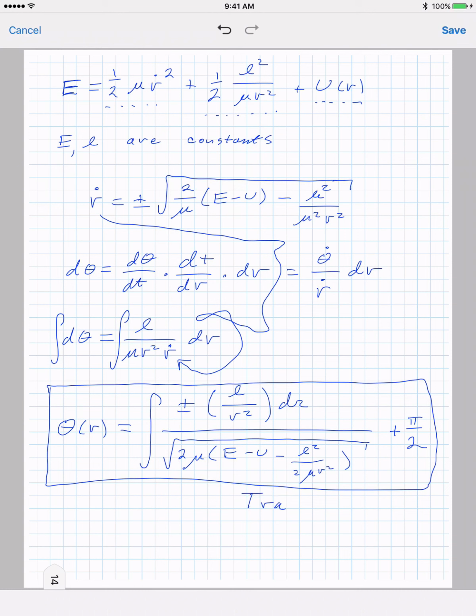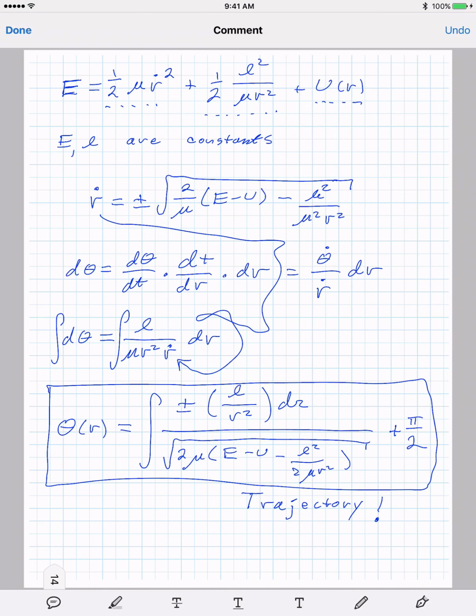So that maps out the trajectory. Given whatever the E and the L are for this orbit, I then can define the trajectory in the plane, and it would be defined in terms of theta as a function of r, or you could flip that and call it r as a function of theta.